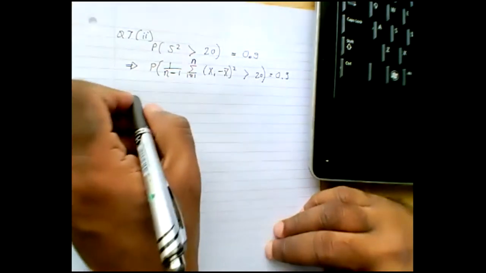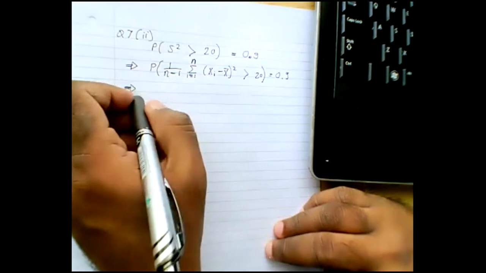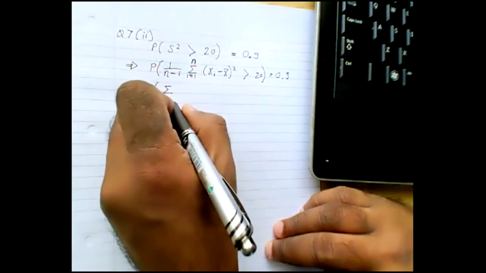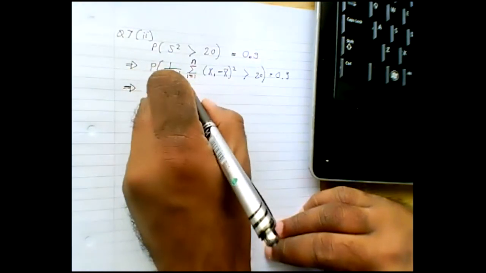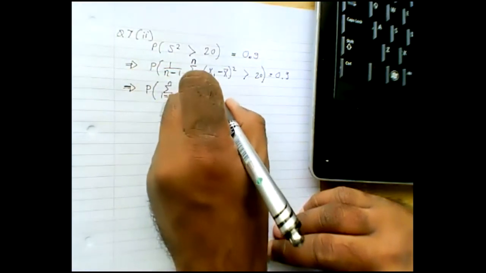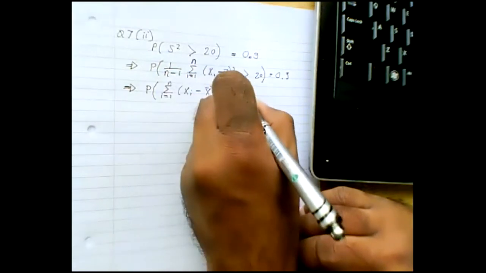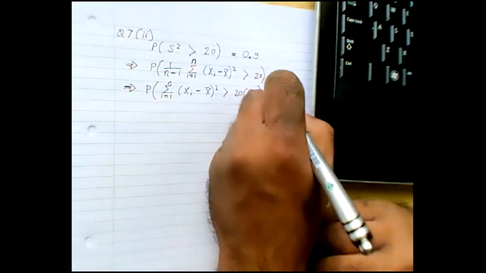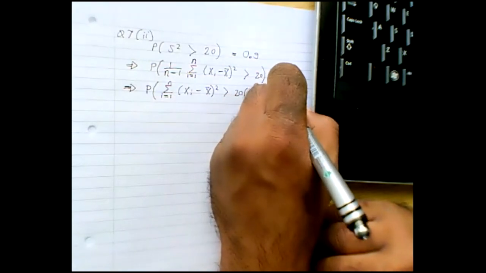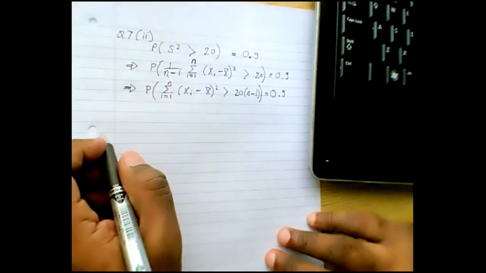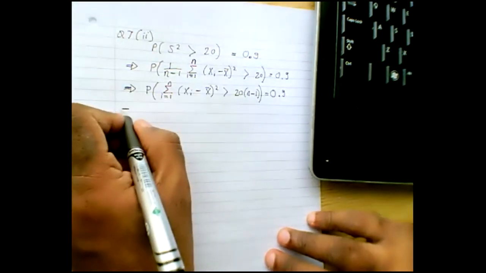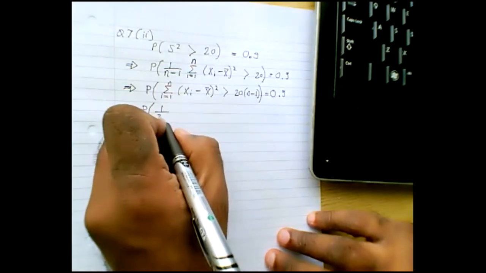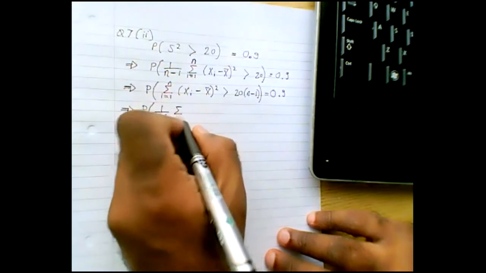Now I'm going to multiply across by n minus 1, so you get 20 times n minus 1 is 0.9. Next, I'm going to divide by the population variance, which is 36, as you remember. So I'm going to divide by 36, which is the population variance.